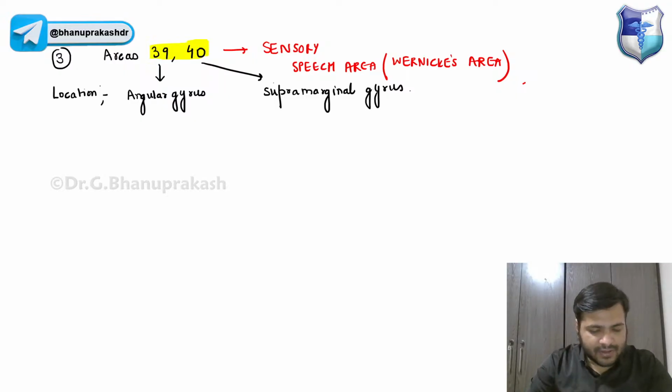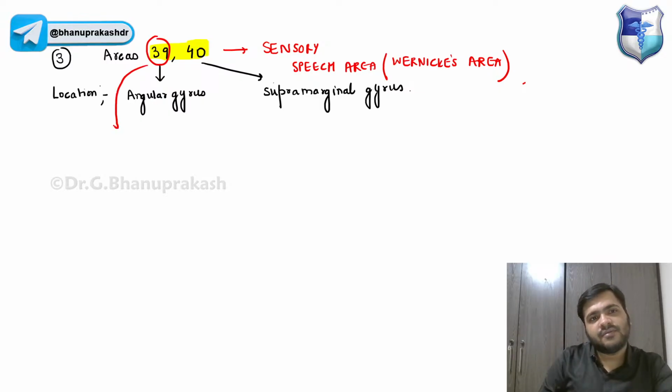Now, if we look at the function of this 39, it is basically the visual auditory conversion area.